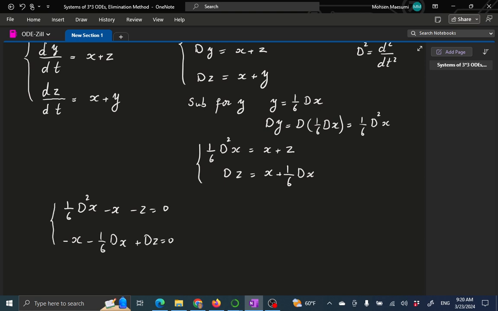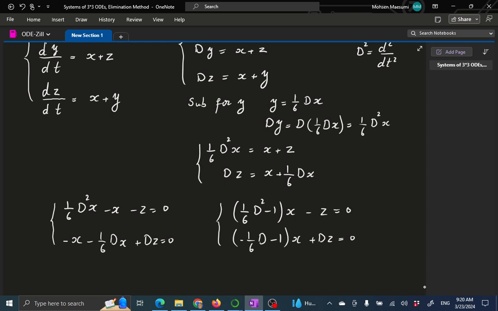Let's clean this up so that x and z have their proper spots. The first is 1/6 of d squared minus 1 times x minus z equal to 0, and the second equation reads minus 1/6 of d minus 1 times x plus dz equal to 0. So we wrote this in the notation of systems. x and z are variables, and these are known coefficients.